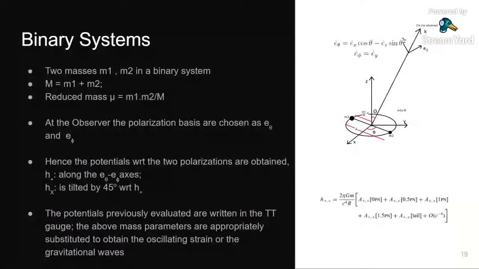Mathematically, this plus tail or cross tail means an integration from zero to infinity, which means that we are going infinitely back in time to evaluate this term. So it contains all the history of the system, while these other terms are just higher order terms for h plus or h cross.